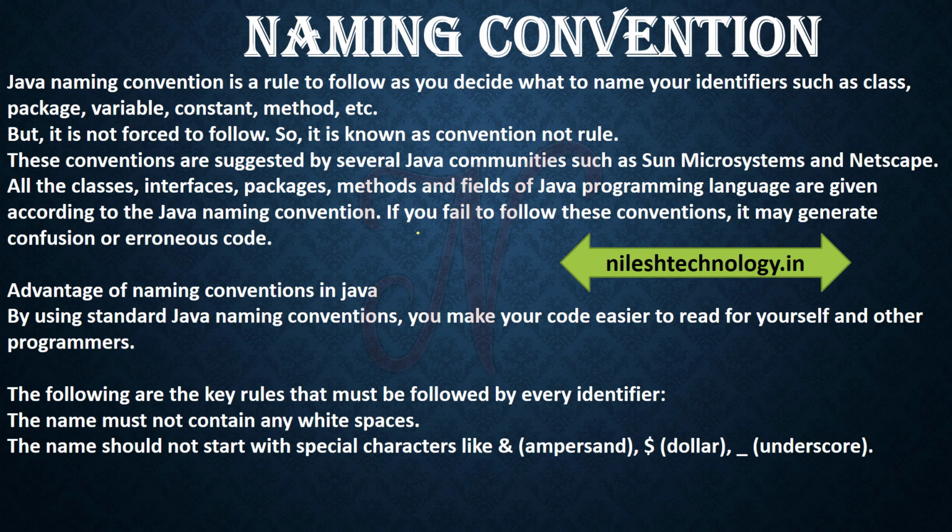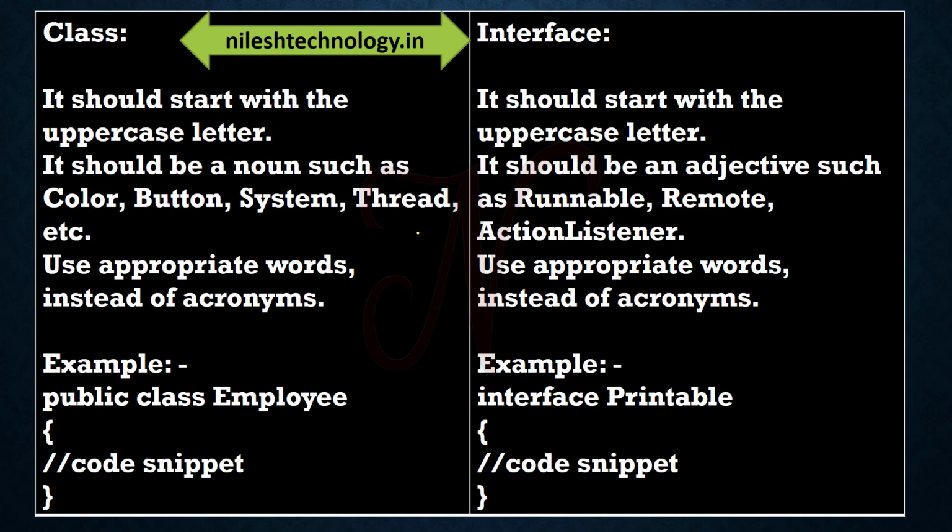First, class. If you create your own class, then the first letter of your class is uppercase. It should be a noun like Color, Button, System, Thread. See here, C capital, B capital, S capital, T capital.